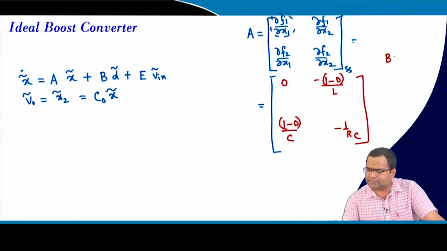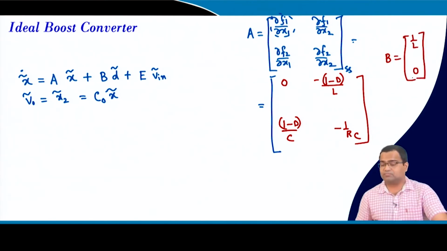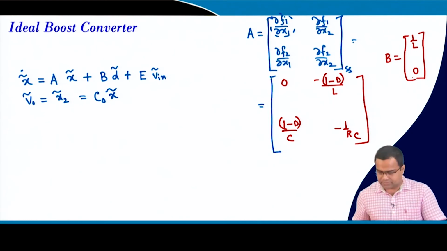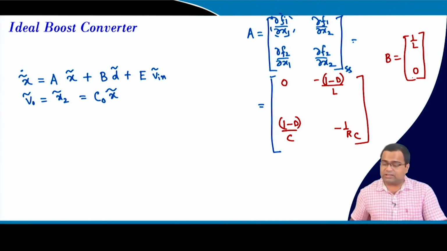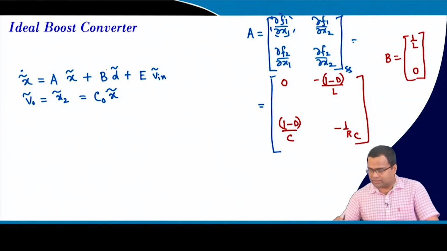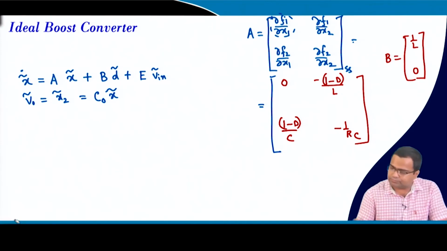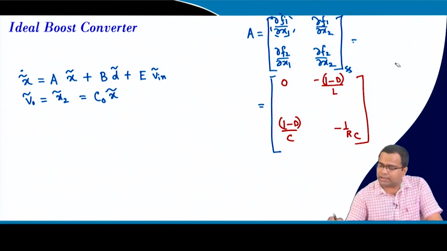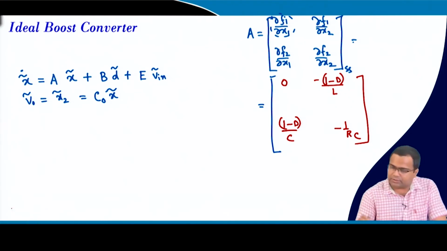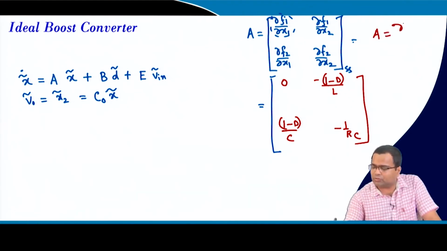The B matrix is common, so it will be simply 1 by L, because the B matrix is common, right. What is the B matrix? Okay, no, here it is not that B matrix, sorry. So, here A matrix is dou F dou x computed at steady state.